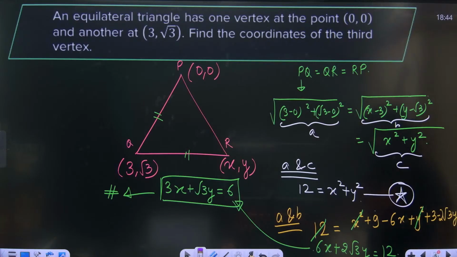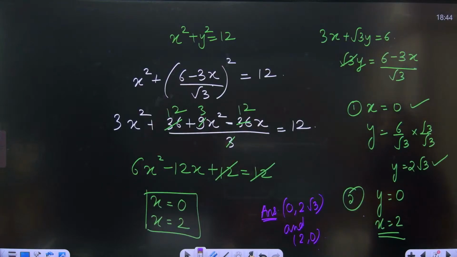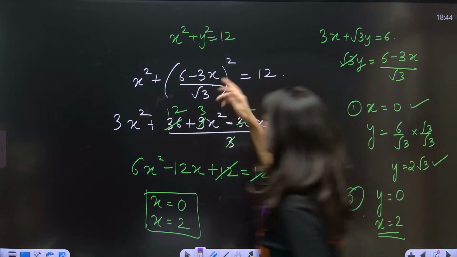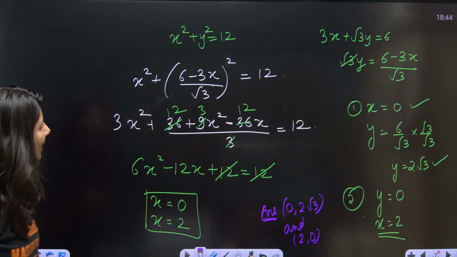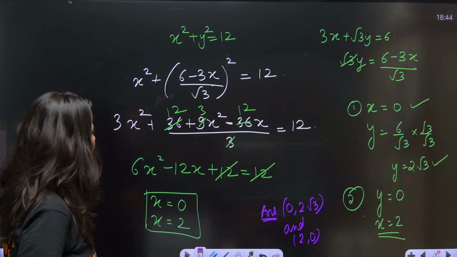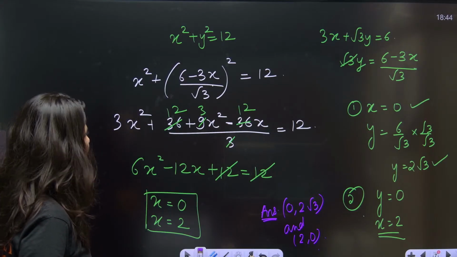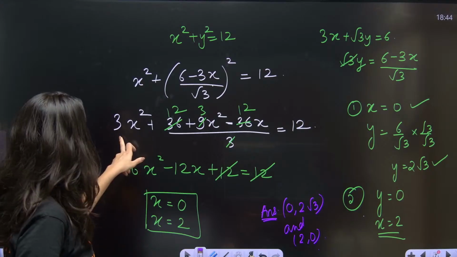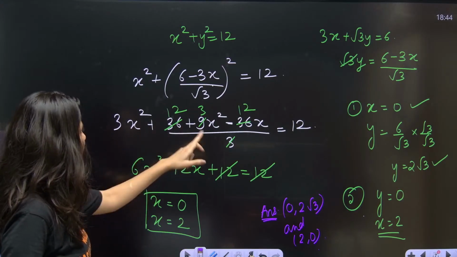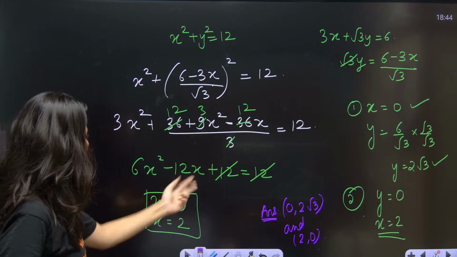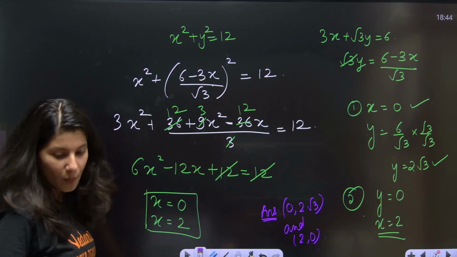So 3x plus root 3y is equal to 6. This is absolutely correct. Now the value of y is 6 minus 3x by root 3. If you plug it in over here, then this is 36 plus 9x square minus 6 3s are 18 upon 3. 3 ones are 3, 3 12s are 12. Now 3 plus 3 is 6 minus 12x plus 12 is equal to 12. So x is going to be 0, 2.